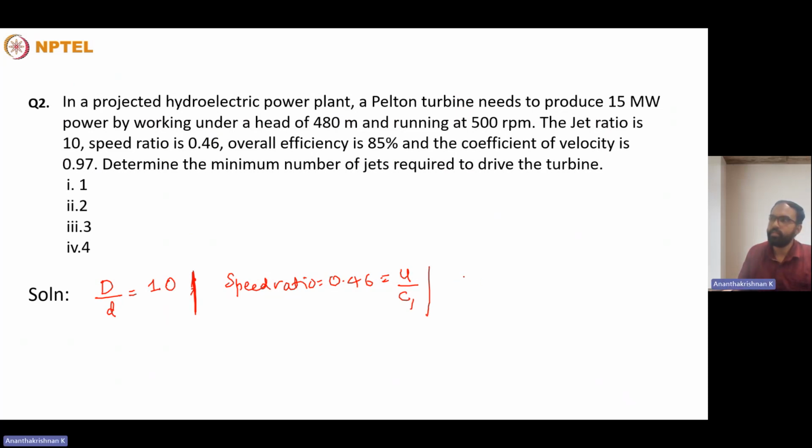And the overall efficiency, eta overall, is equal to 0.85, and also the coefficient of velocity in the nozzle is given as 0.97. We need to calculate the number of jets that is required to drive the turbine to produce the total power of 15 megawatt.